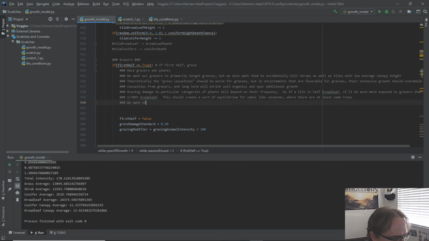We want grasses to have 0 resistance to grazers. We want scrub to have partial resistance to grazers.